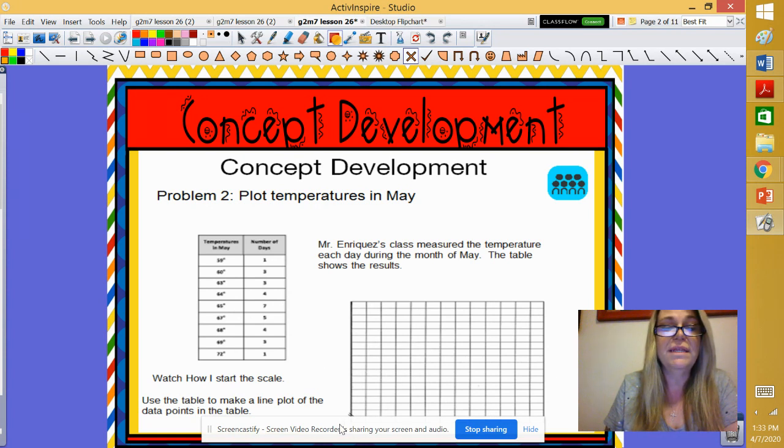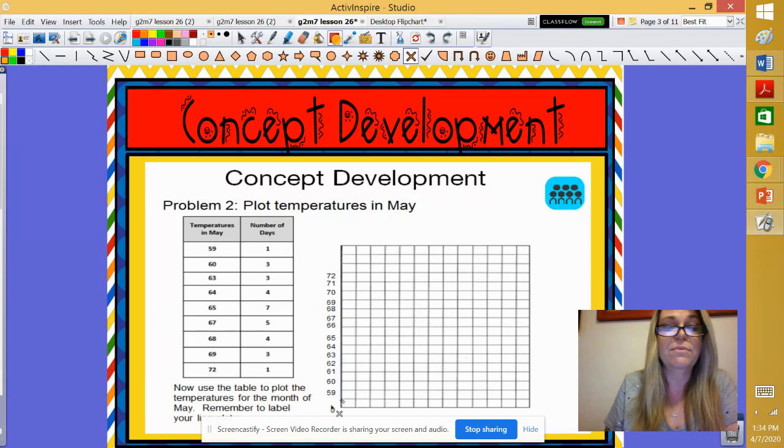We start with 0, and then we have our hash marks to show that we are skipping numbers, not lines, sorry. If you'll look at the temperatures, we don't have any temperatures that start with 0. Our lowest temperature is what? 59. Good job. So that's what we're going to start with after our 0 and our hash marks.